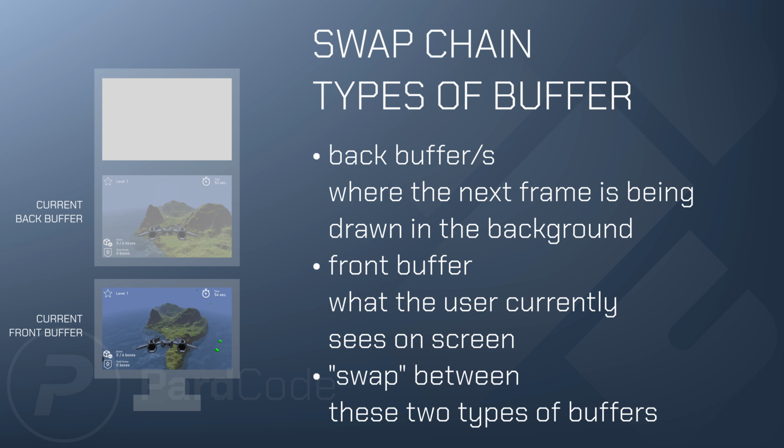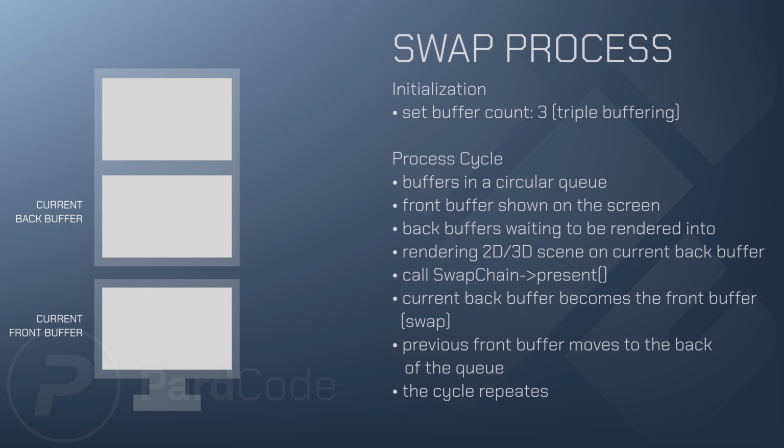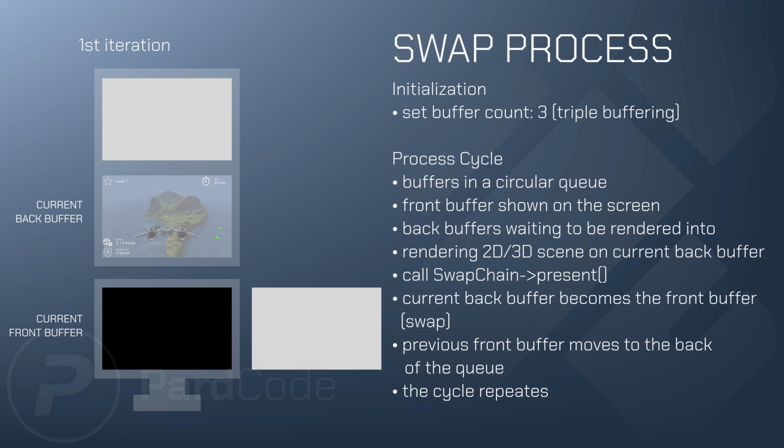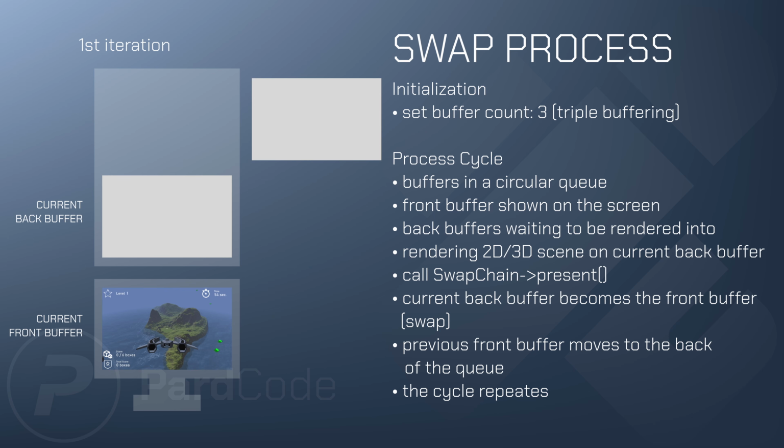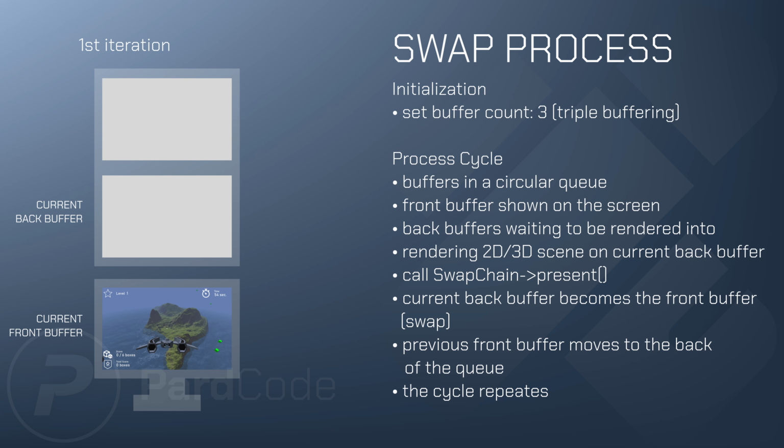Let's break down what actually happens. When we create the swap chain, we define how many buffers we want, in this case 3. All these buffers are stored in a circular queue. At any given time, only one buffer is shown on the screen, and this is considered the front buffer. The remaining buffers are back buffers waiting to be rendered into.